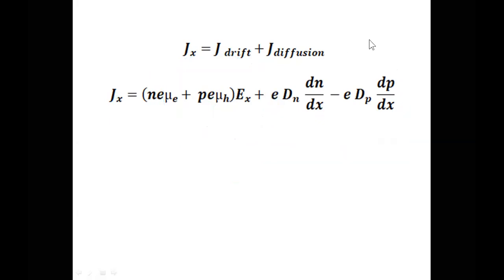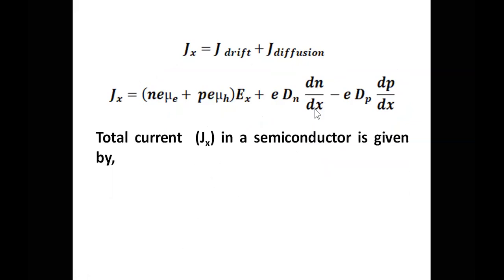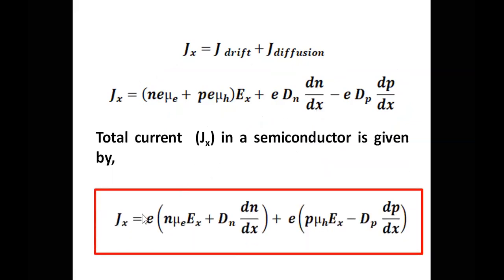I am just rearranging the terms. That is E into (n mu e Ex plus Dn dn by dx) plus E into (p mu h Ex minus Dp dp by dx). The first term represents electrons and the second term represents holes.